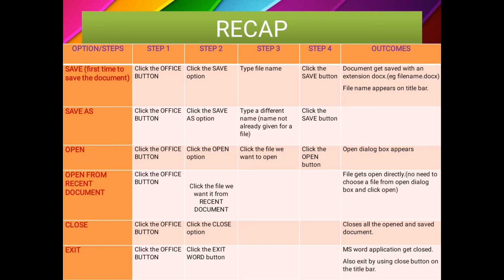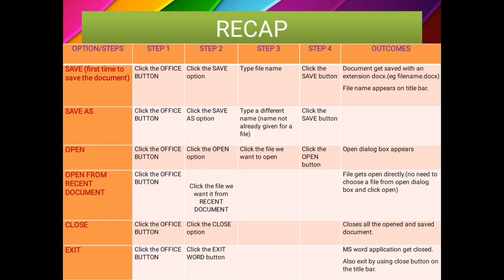Next, click the Office button. If you click the Close option, the open saved documents get closed. Otherwise, it will display a dialog box asking if you want to save changes to the document. If you give yes, it will display the Save dialog box, otherwise it will just close the particular document.